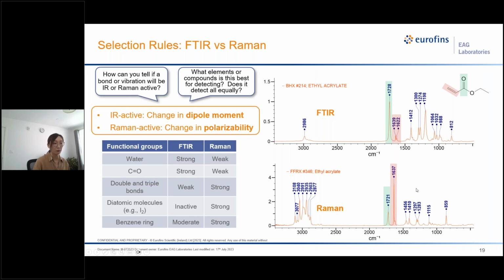This trend is reversed in Raman, where the most intense peak is produced by the vibration of the double bond. This is because the pi electrons in the double bond are highly polarizable, making them a very strong Raman scatterer. In general, the differences in selection rules make FTIR and Raman complementary techniques in material analysis.